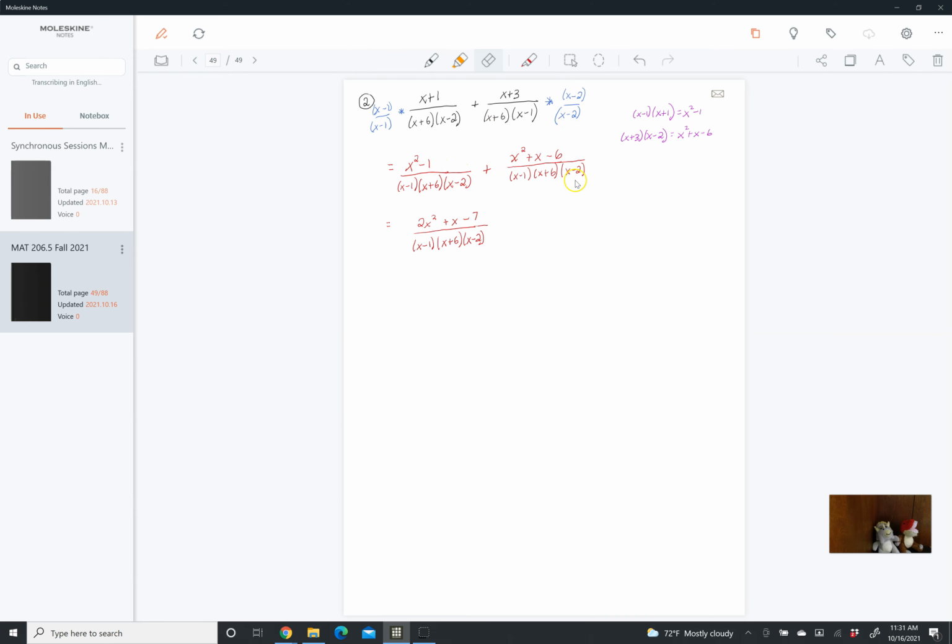You can either write it like this, or you can write it as x squared minus 1 plus x squared plus x minus 6 over this denominator just once. Okay, you have a choice. If your choice confused you, just do it this way. It's fine. This is probably the neater way to do it. Okay. And this is not factorable, so this is our final answer.